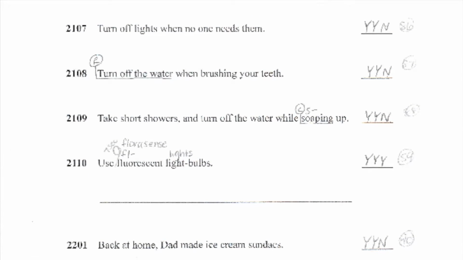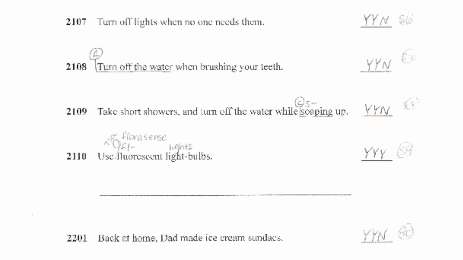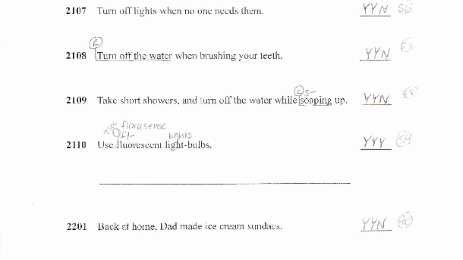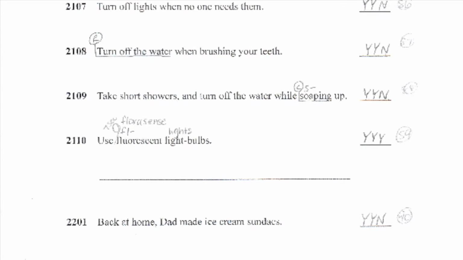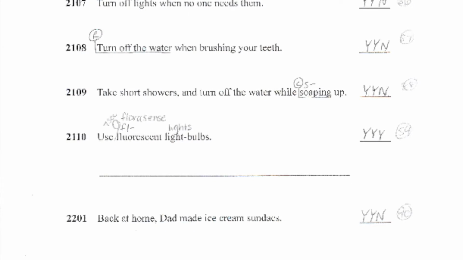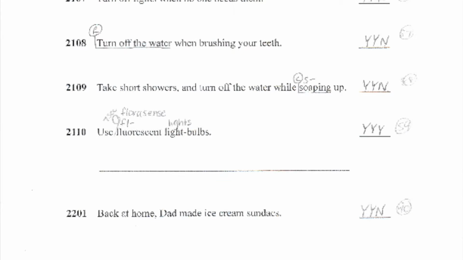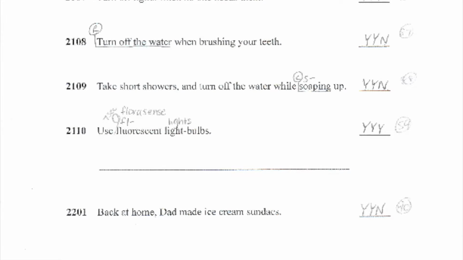For a sentence that would be coded YYP, for example, that would mean yes, it's syntactically acceptable, yes, it's semantically acceptable, and it probably changes the author's intended meaning. Cadence didn't have very many YYPs, so most of hers were YYNs or YYYs.